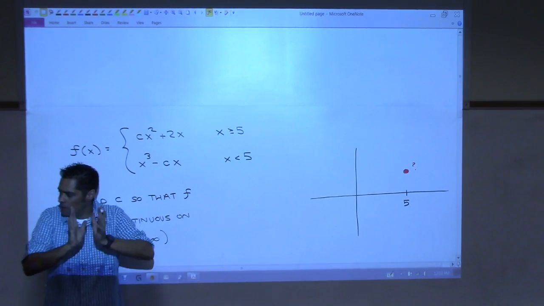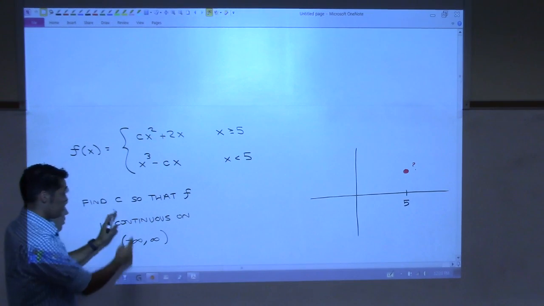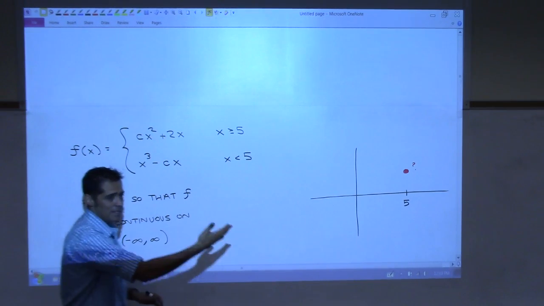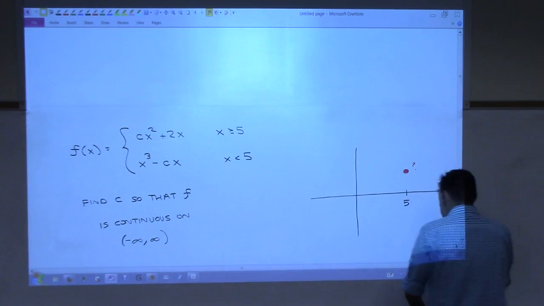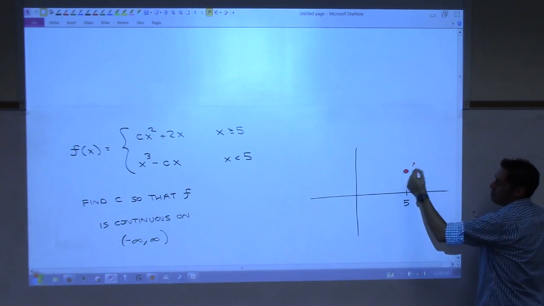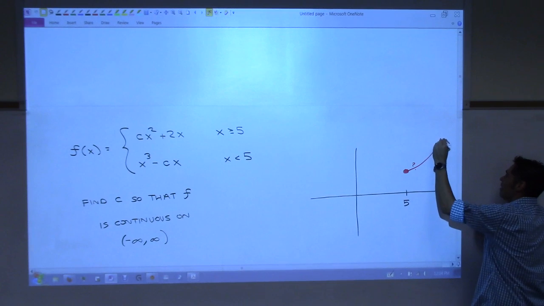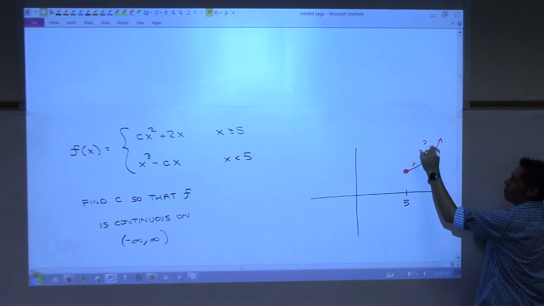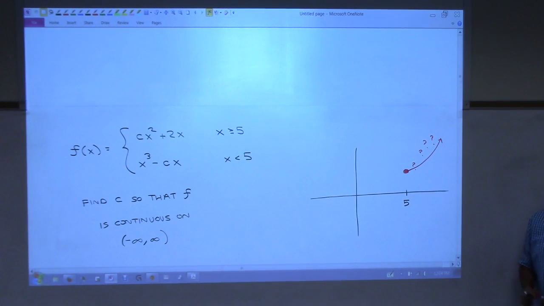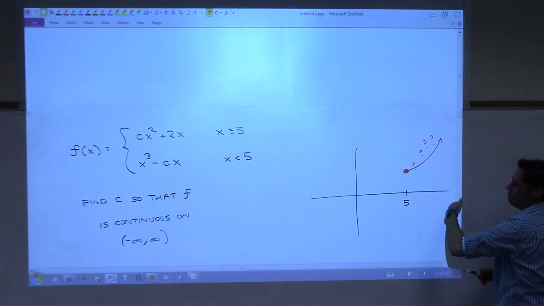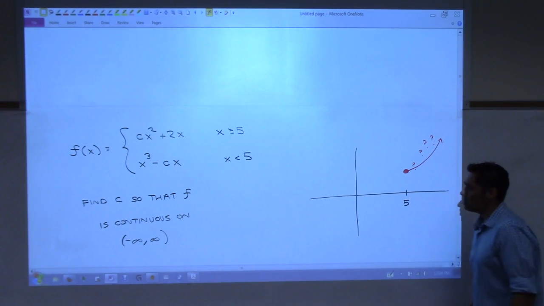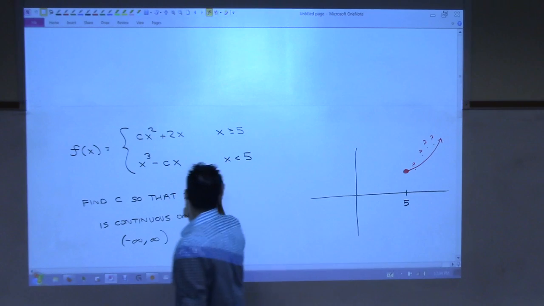Do you agree? Yeah. So depending on c, which is what I'm asked to find, I know the right side of this is parabolic. And again, I don't know if it's up or down. So do you want it to be up or down? Up? Okay, it's up. So it does this, and I'm sitting here like, yeah, I don't know. These are question marks. Maybe it does that, right? It might go down.